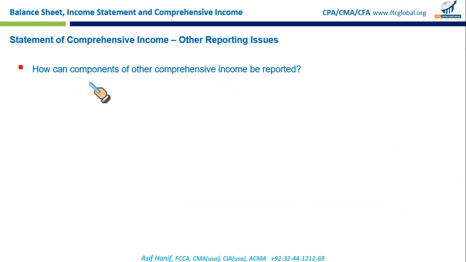Then we have some other reporting issues. It says, how can components of other comprehensive income be reported? There are two ways you can do this. One is net of tax and the other is before tax. Let's say you have an unrealized gain of $1,000 on available for sale debt securities. And let's say the tax rate is 30%, then you can report it on an after tax basis.